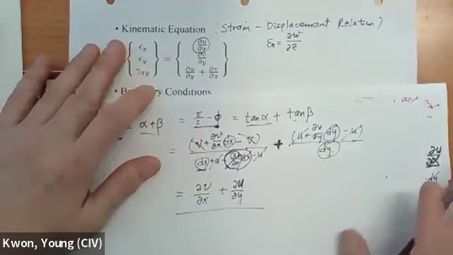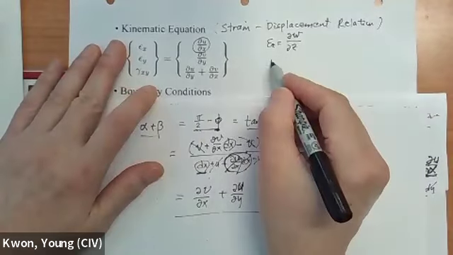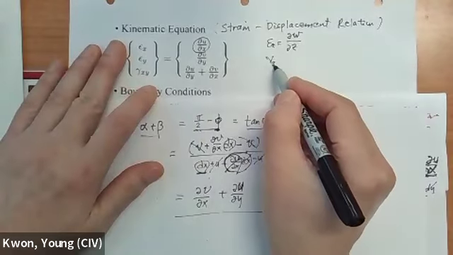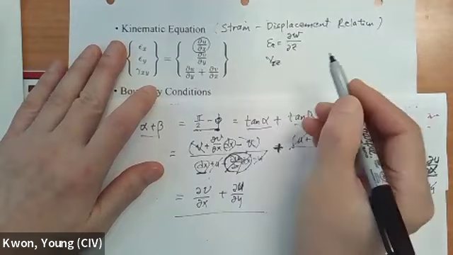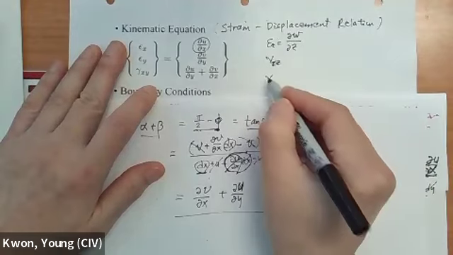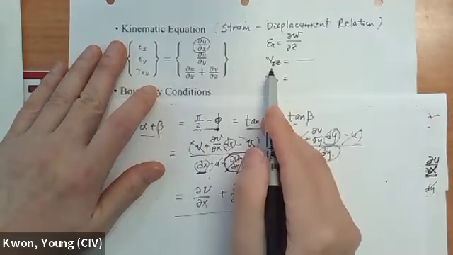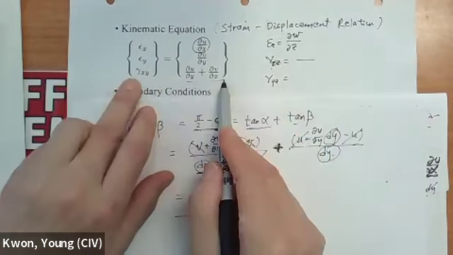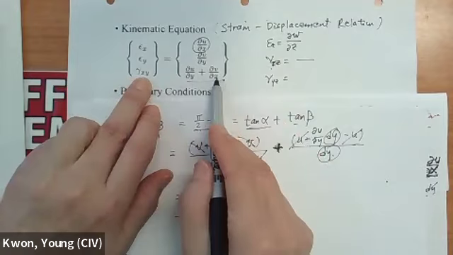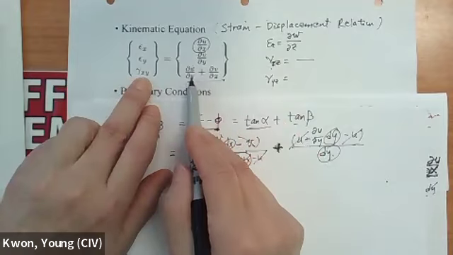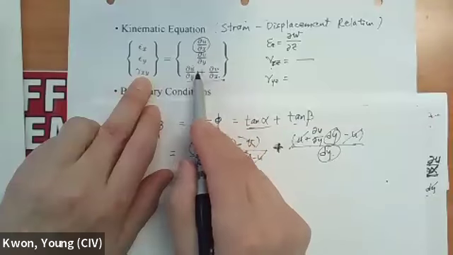Okay. Then what about the shear strain? Epsilon xz and epsilon yz. So epsilon xy, look at this one: partial u over partial y plus partial v over partial x.